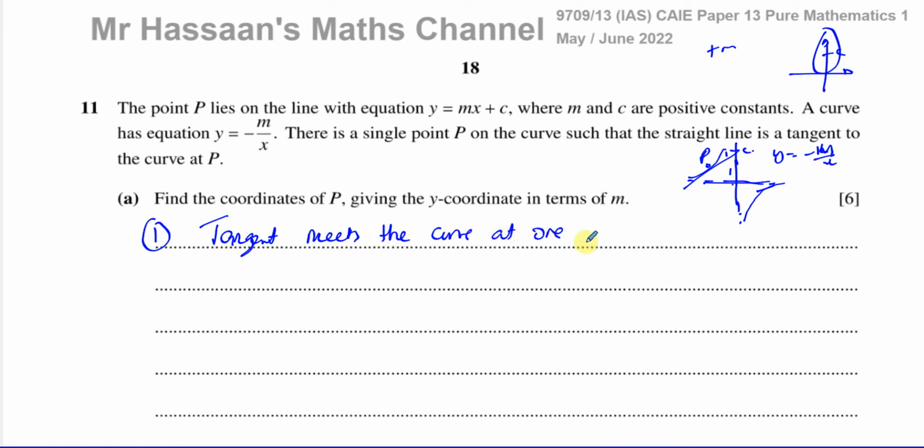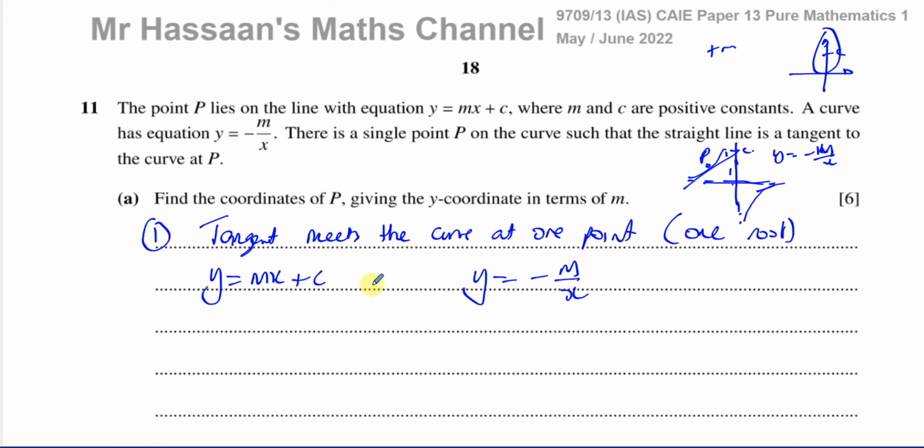There's one intersection. You could say there's one root when you try to solve the equation of the curve and the tangent. So the tangent is y equals mx plus c, and the curve is y equals minus m over x.